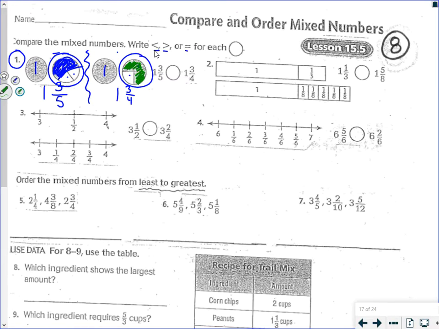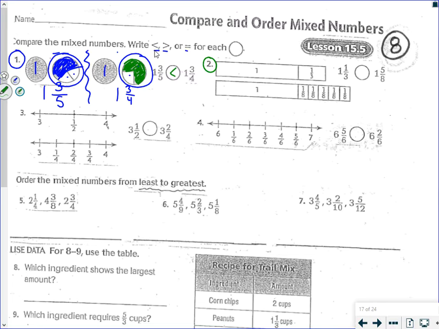So which one has more covered? That would be 1 3/4, right? So I'm going to put my alligator mouth that way. There's also another way to do this, so we'll do it on this one.